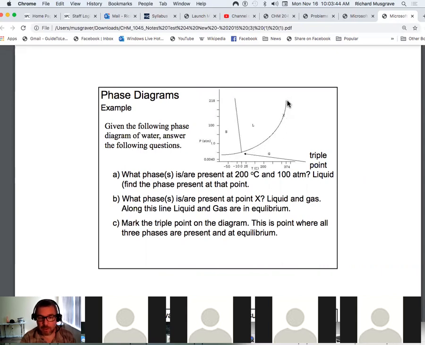If you look at them, you can see these lines and you can see these S, L, and G. The S, L, and G represent the phases: solid, liquid, gas. One thing you'll notice is that at low temperature and high pressure, you expect to see a solid, and at low pressure and high temperature, you expect to see gases. That makes a whole lot of sense. Let me show you what I'm talking about.